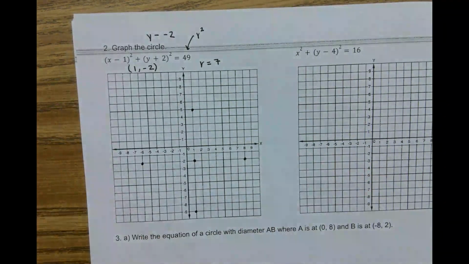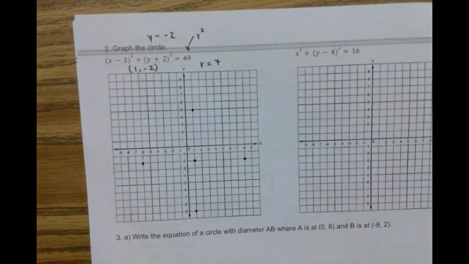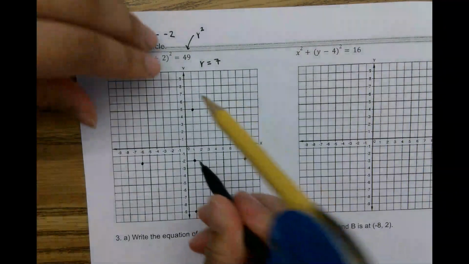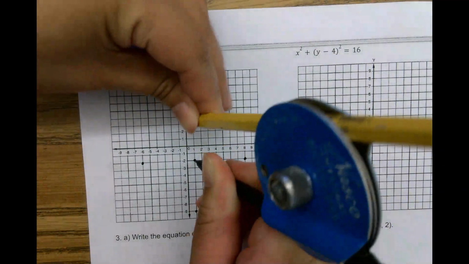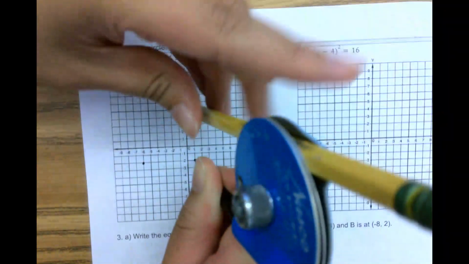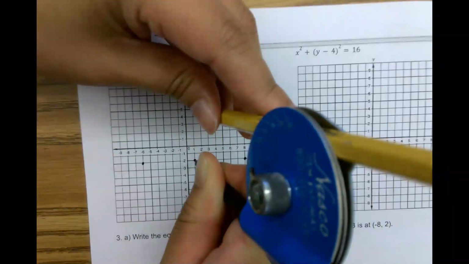And then you just connect it. For me, whenever I connect it without the compass, it looks kind of pillowy, so I'm just going to actually use my compass to help me. Now I'm going to go all the way around. Okay, and there you go.